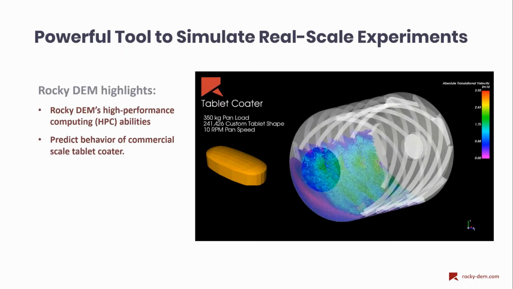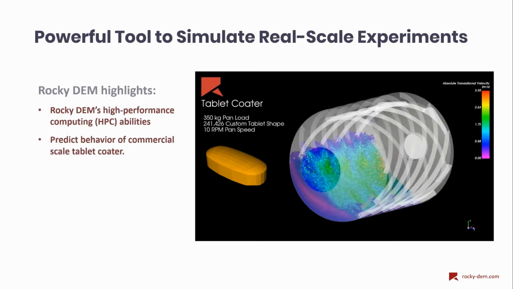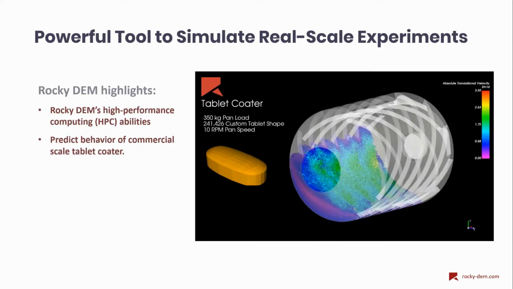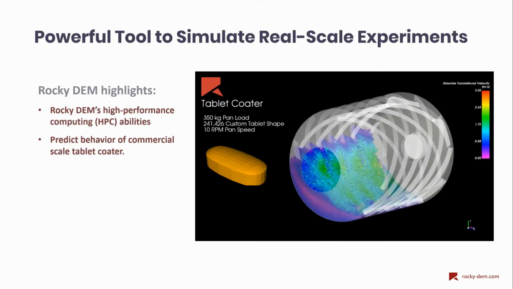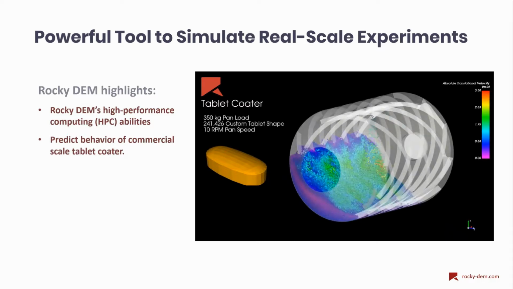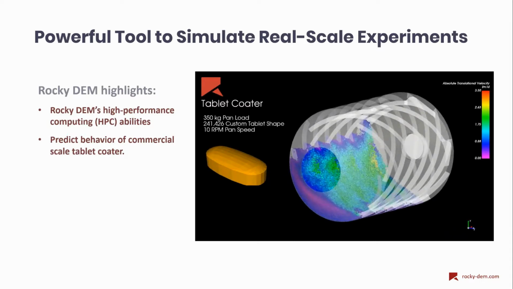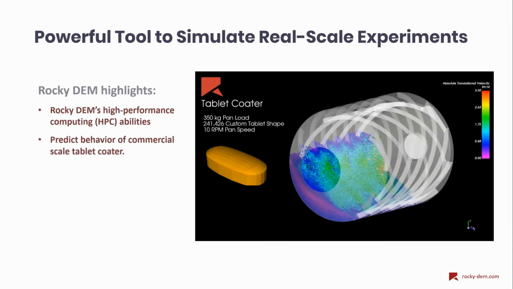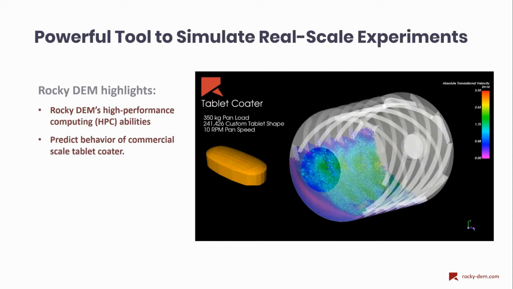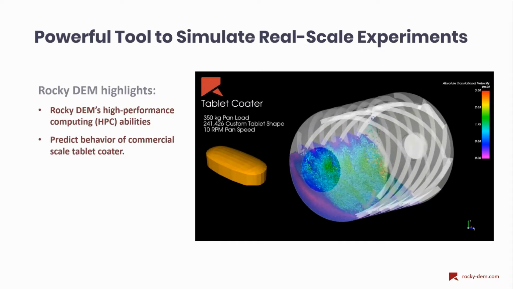It's important to pay attention to the shape of the tablet as well, as each of them is simulated with their exact shape. So using multiple GPUs, we can stack them next to each other, and it enables us to run huge simulations like what we can see here.